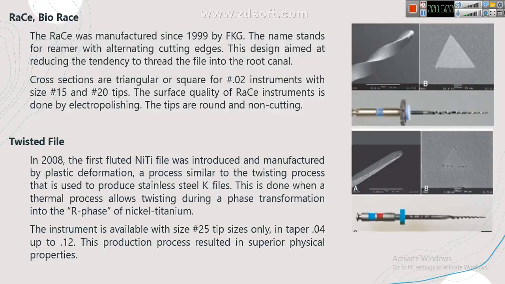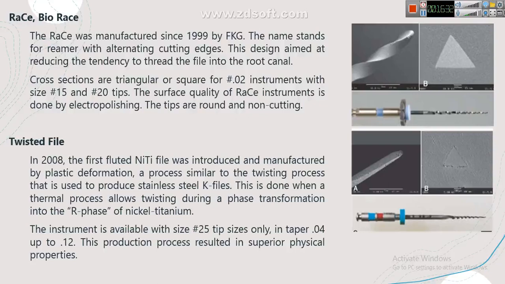I'm quite sure in the previous stages, like in second stage, you studied something about heating properties in dental materials. One of the phase transformations can be obtained into the R phase of nickel titanium after reaching some temperature. When we reach this temperature, the twisting property of the material can be obtained.